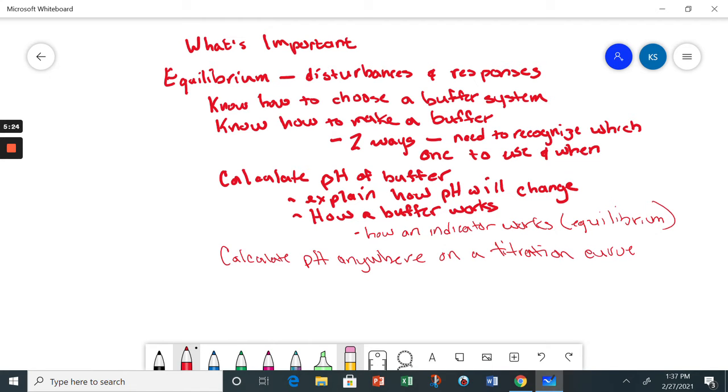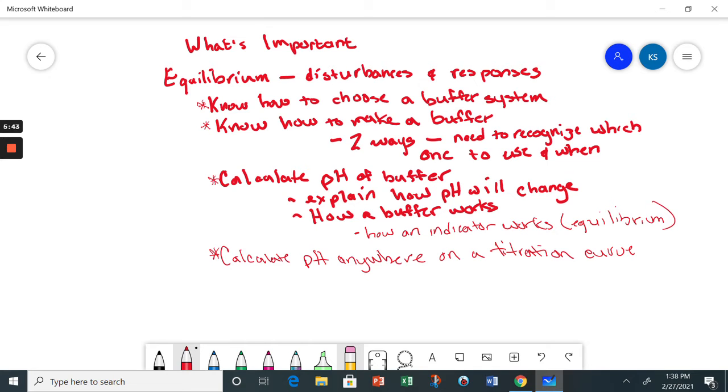Okay? So as we progress through this packet of notes and the concepts we practice, keep these things in mind, that you need to know these things and be able to pull this out and use it.